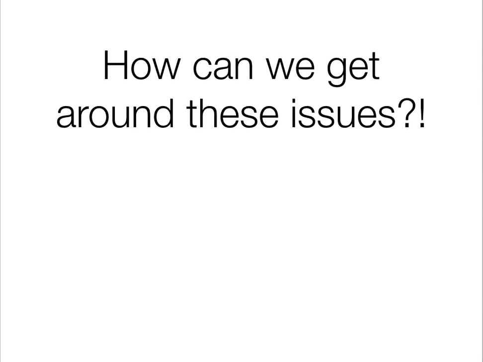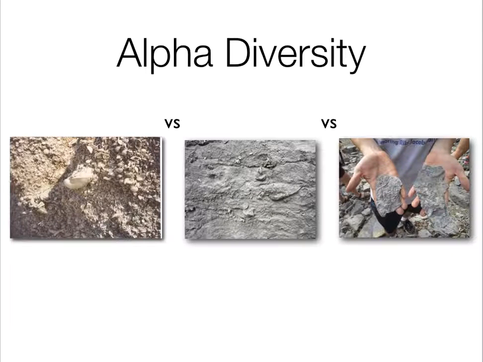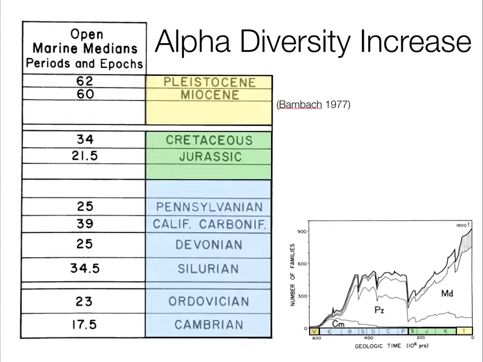Okay, so how can we get around some of these issues a little bit more systematically? One of the ways we can do it is through alpha diversity. Remember, alpha diversity is looking at within-community diversity instead of global diversity. In the late 70s, Richard Bambach went through and created a table of mean alpha diversity in marine environments that were similar to each other, open marine environments, so they were comparable.